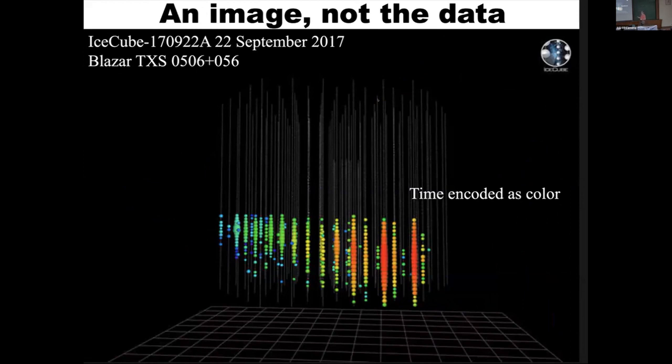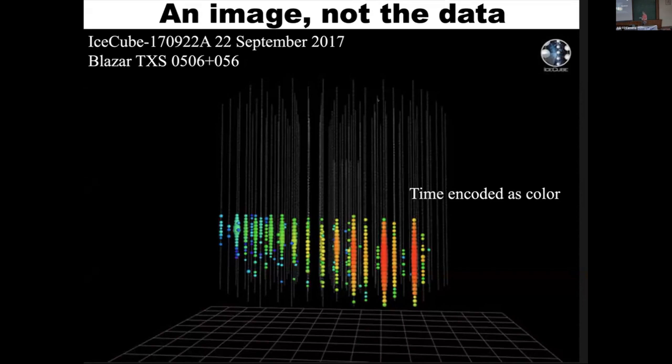So IceCube, as you probably know, has PMTs in the ice shelf in Antarctica. Each PMT measures a time and energy of photons coming from muons, which come from neutrinos from the other side of the Earth, undergoing conversion into a muon, and then the muon emits Cherenkov light.